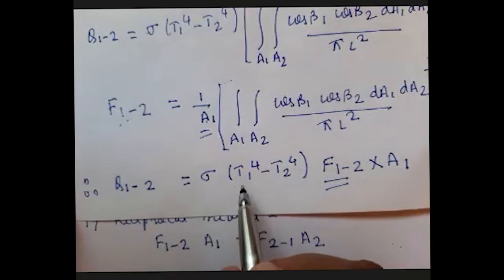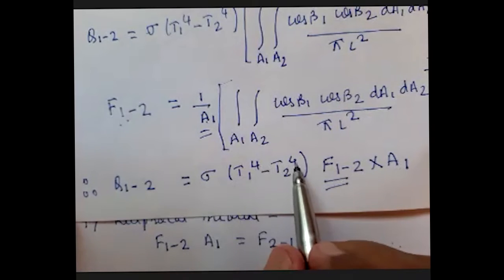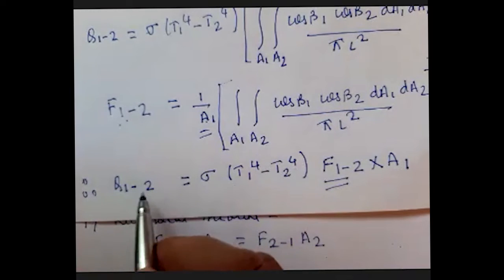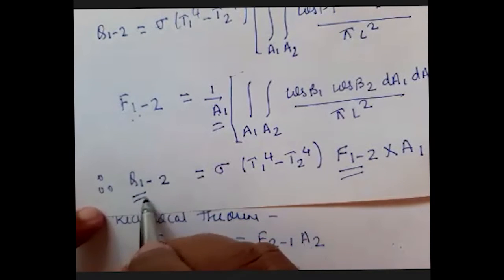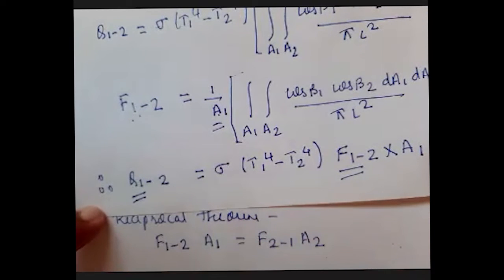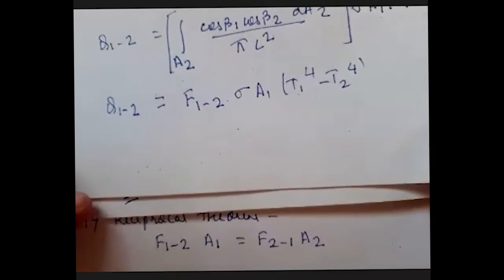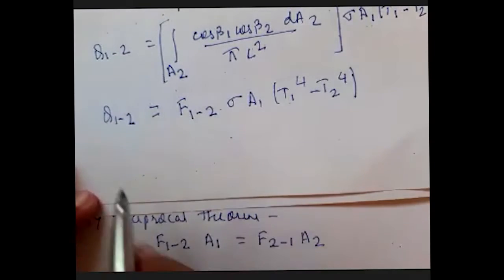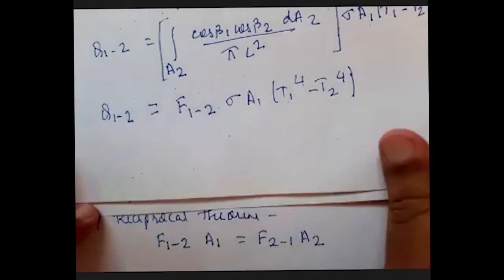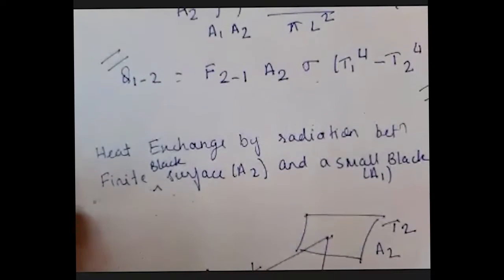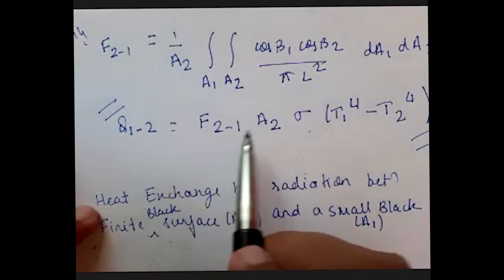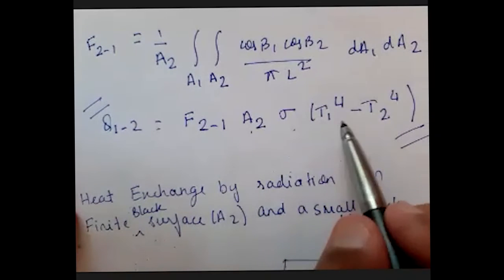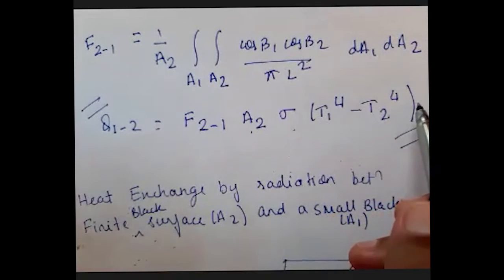That is the heat exchange between the surfaces 1 to 2. And the heat exchange from 2 to 1 will be F21 A2 into sigma T1 raised to 4 minus T2 raised to 4.